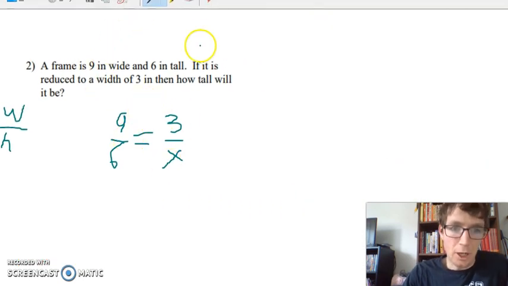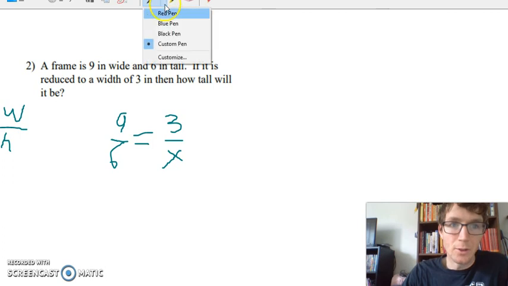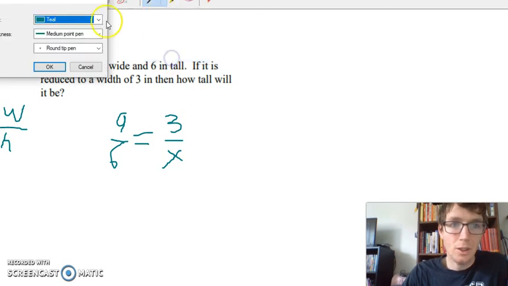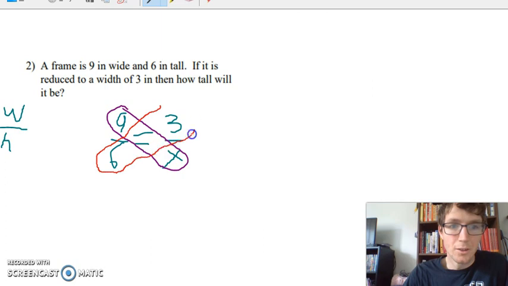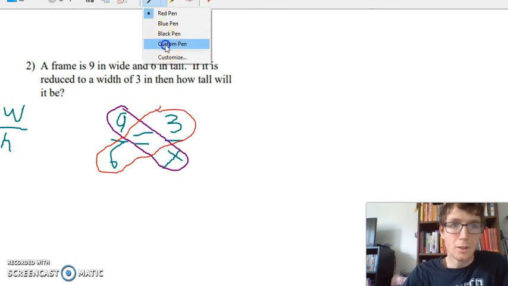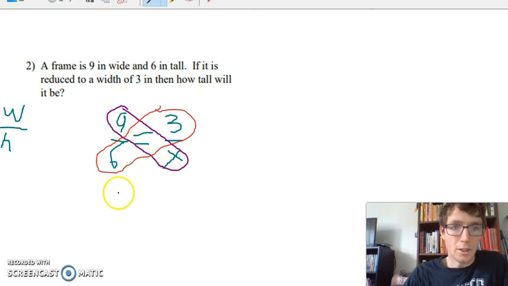So if you want to solve this problem, I recommend just going through it with cross multiplication. Okay, so we're going to multiply 9 and x, and also 3 and 6. So 9 times x is 9x.